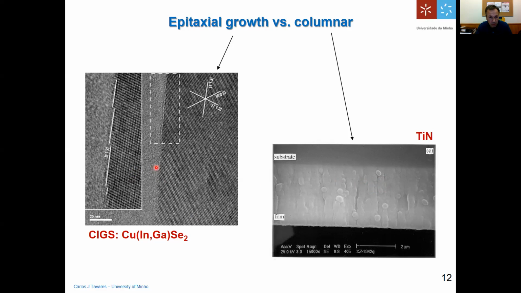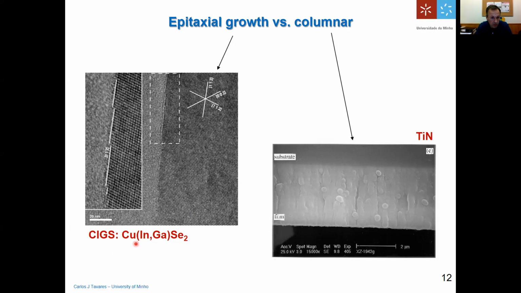So for example, if you have your material, okay, and you slice your material and you're looking at the cross section here, you will see the interface between the substrate and your film, okay. And in this particular case, what we are growing here on the right side is a CIGS material, which is very important now in photovoltaic systems.